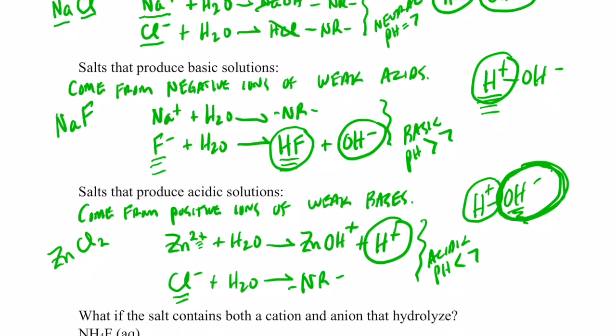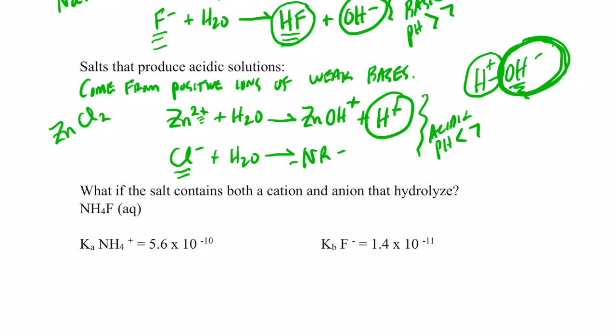Now, in a bit, we're going to talk about what happens when both the positive ion, the cation, and the negative ion, the anion, both tear water apart. For instance, NH4F. Think about that for just a moment. What if NH4F were placed in a water solution?